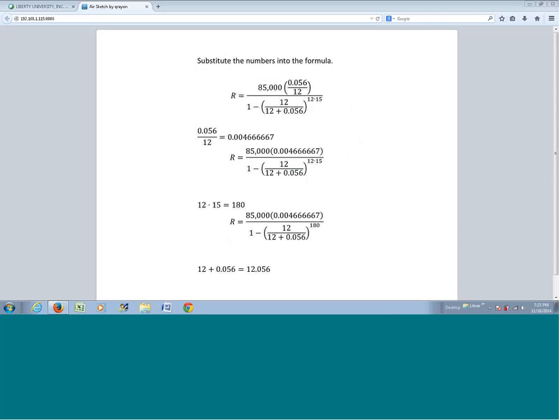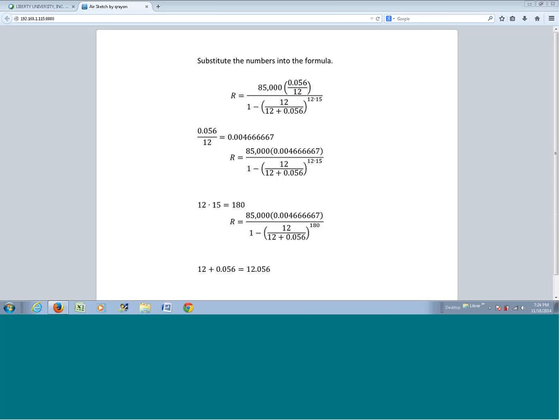So in my numerator, I'm going to go ahead and do what's inside the parentheses first and divide those two numbers right here. And notice again, I'm writing down everything that's on my calculator. Put that right there in that spot. So now in my numerator, I'm just multiplying those two numbers together. And the denominator, again following the order of operations, I have to do what's inside the parentheses first.